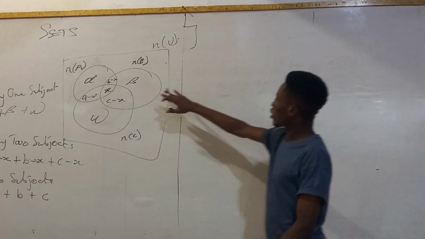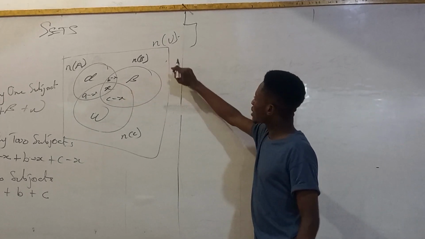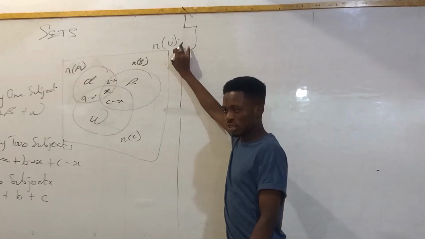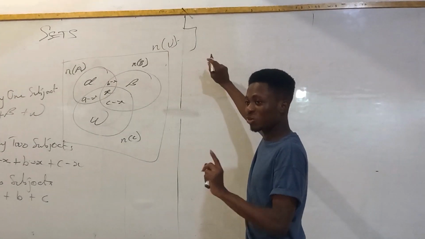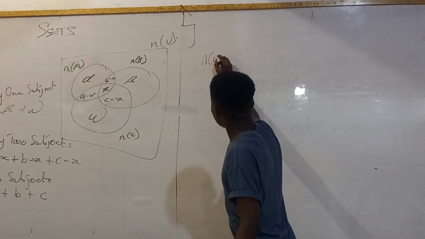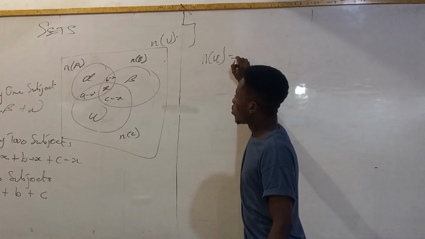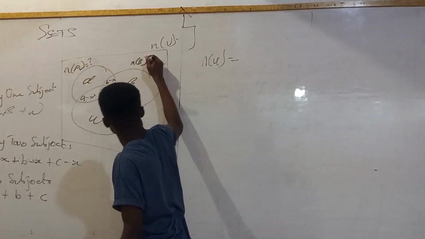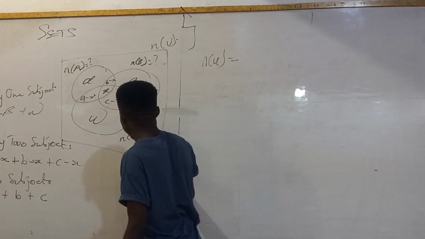So to find the x, to find the universal, this is a formula. You take it so simply. The universal is equal to this, and that.